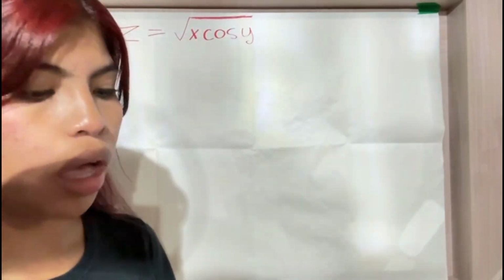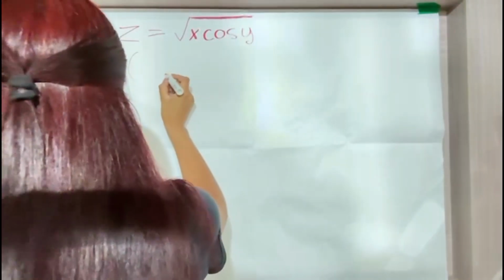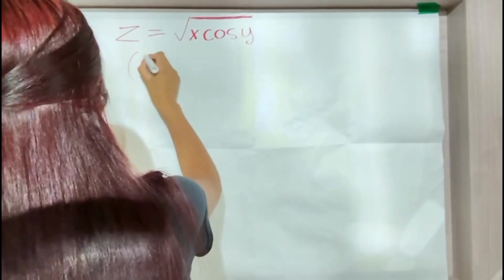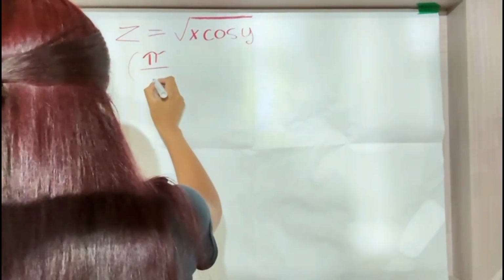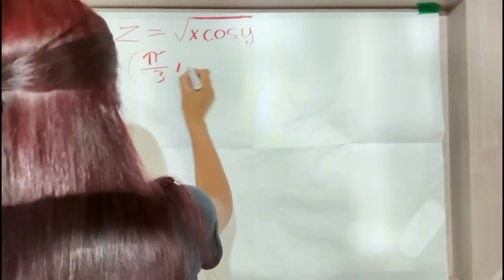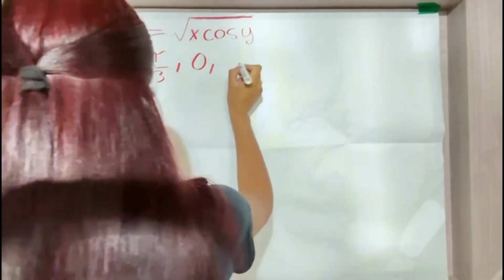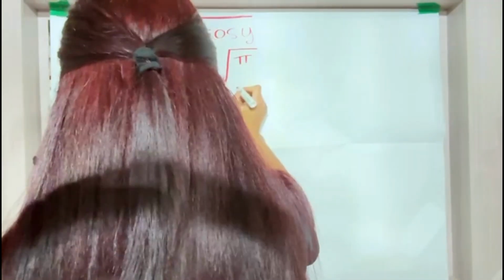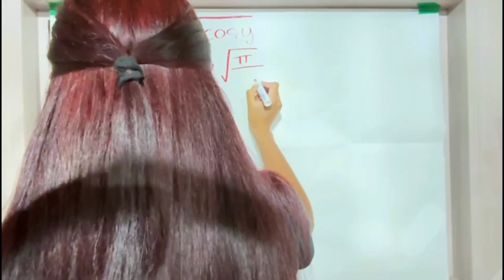And the point is pi over 3, 0, and the square root of pi over 3.